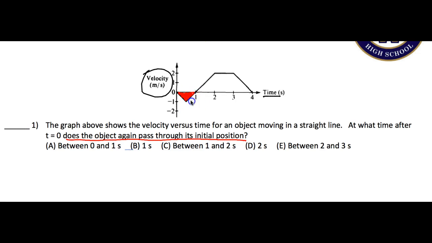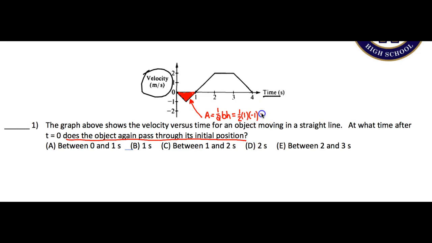Now, remember that both velocity and displacement are vector quantities. And so therefore the area that I've shaded in red here, which can be found by using 1/2 the base times the height for the area of the triangle, or in this case, the base is 1 unit and the height is -1 unit.